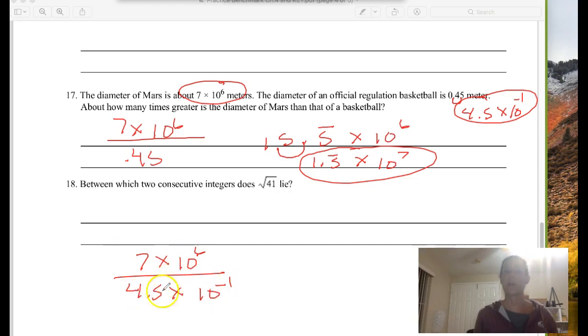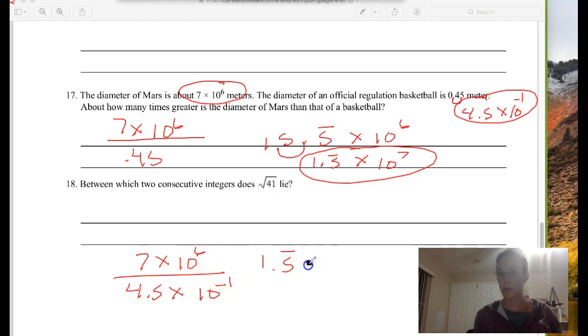These are multiplied and these are multiplied, so I can just go ahead and divide straight up. If these were added, that would be different, okay? So I'm going to go 7 divided by 4.5. I'm going to divide these out, and I'm going to get 1.5 repeating, and then 10 to the 6th divided by 10 to the first. Remember, same base, subtract exponents.